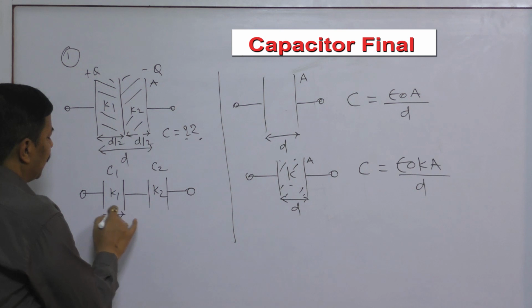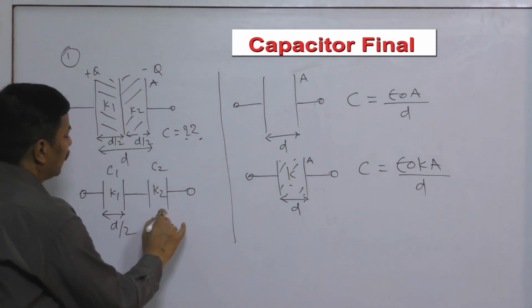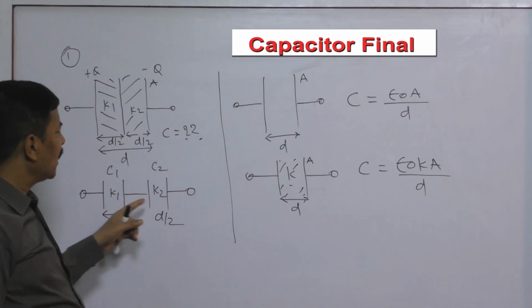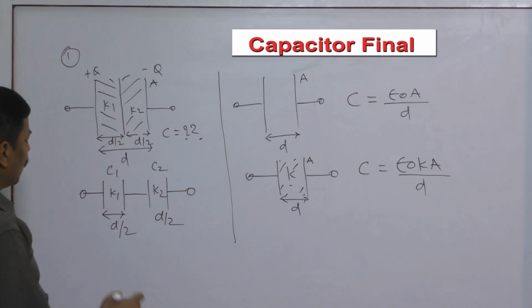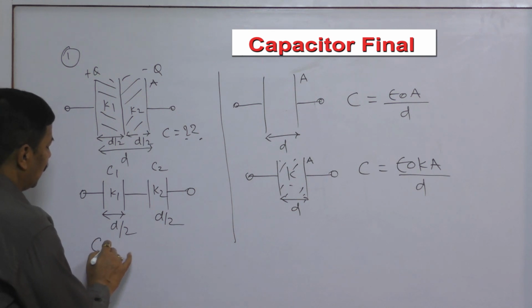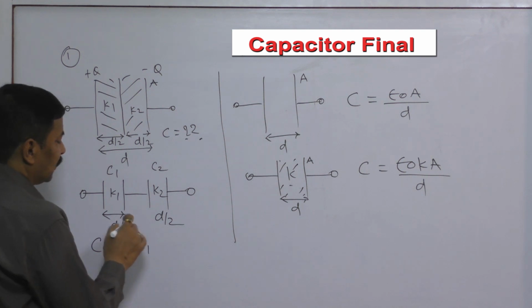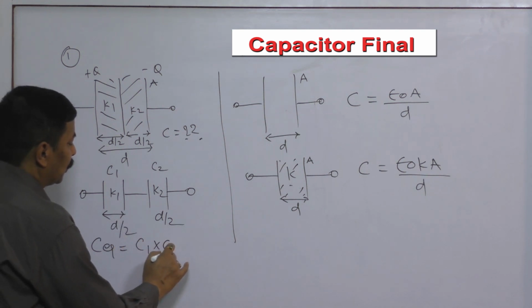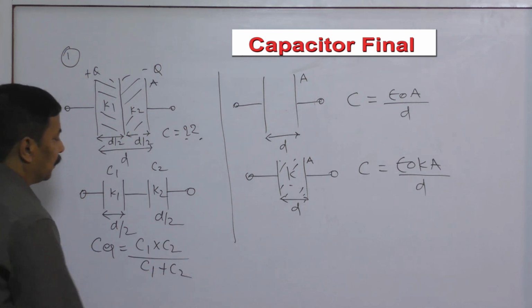This plate separation is D by 2, this plate separation is D by 2. Now the two capacitors are in series connection, so equivalent capacitance C equivalent is equal to C1 C2 by C1 plus C2.